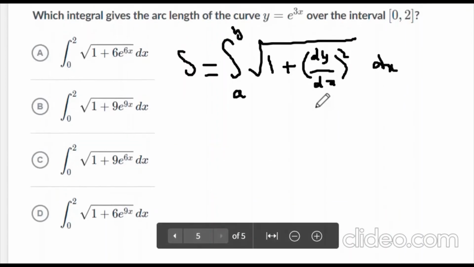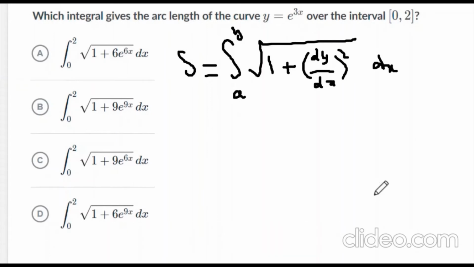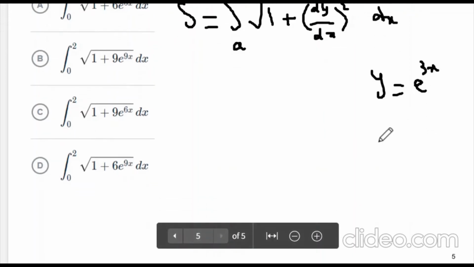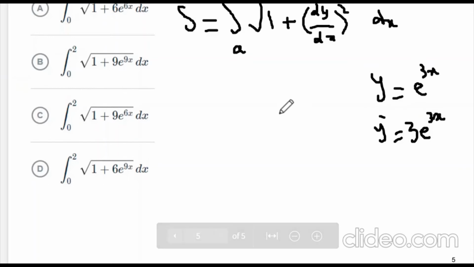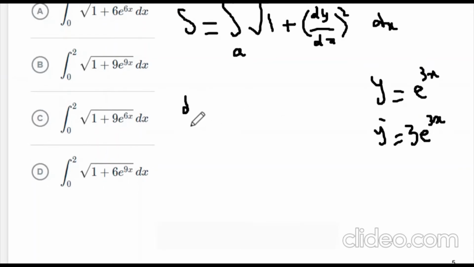So now I'm going to find the derivative of y equals e to the power of 3x. So we know that the derivative of e to the power of x is the same. So I'm going to find the derivative of 3x, which is 3. Then I'm going to keep it the same as it is, so e to the power of 3x. So now I'm going to write the derivative squared.